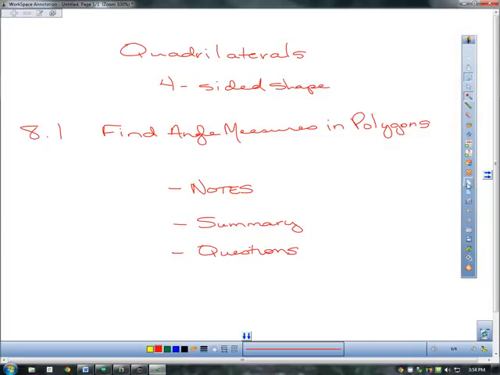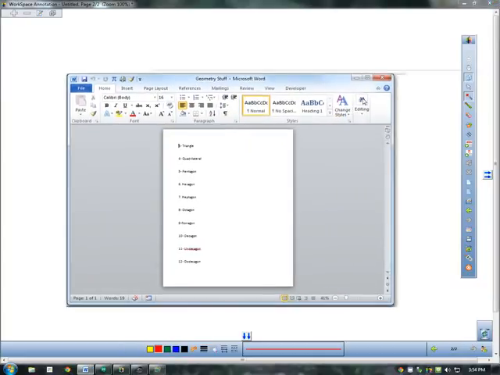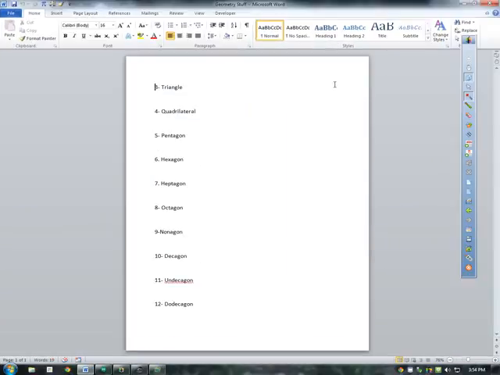Alright, so the reason that we're talking about polygons first is quadrilaterals are a type of polygon. And before we do anything, I wanted to remind you, and I'm going to put this on the web as well, next to it in the notes, how many sides each kind of polygon has.